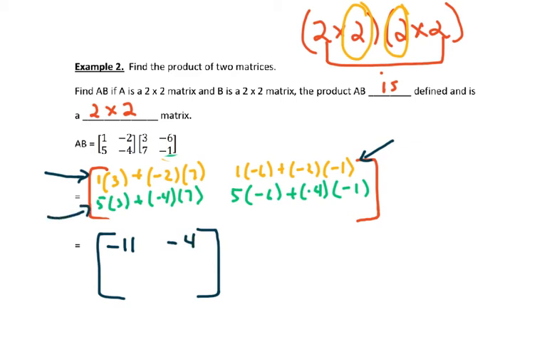We're going to have 15 plus negative 28, which is going to give us negative 13. And the last one down here in the bottom left, we are going to have a negative 30 plus 4, and that gives us negative 26. And that is the 2 by 2 matrix that you will get when you multiply a 2 by 2 with a 2 by 2.